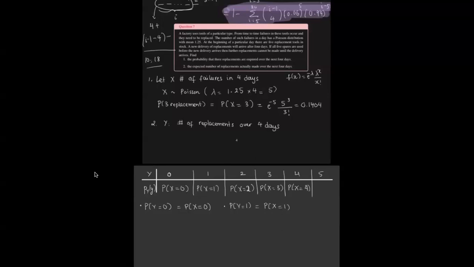Because they say if all 5 spares are used before delivery has arrived, then further replacement cannot be made. So the case where we have to replace 5 would have the same probability that the number of failures is at least 5. Because if you have 6 failures or 7 failures, you will still have 5 replacements because it is a maximum.